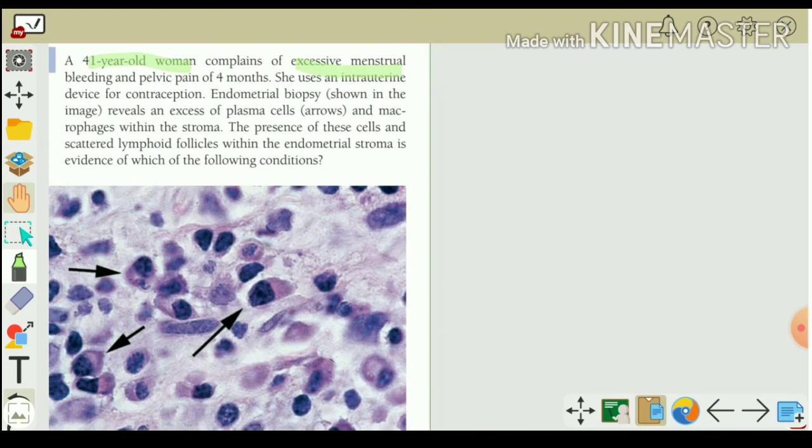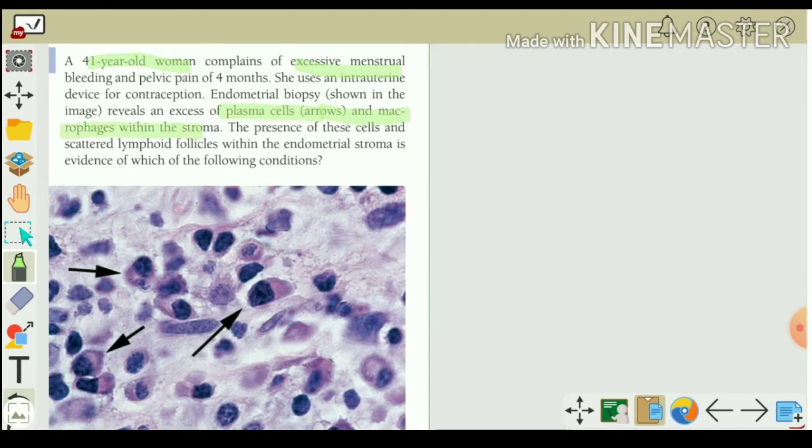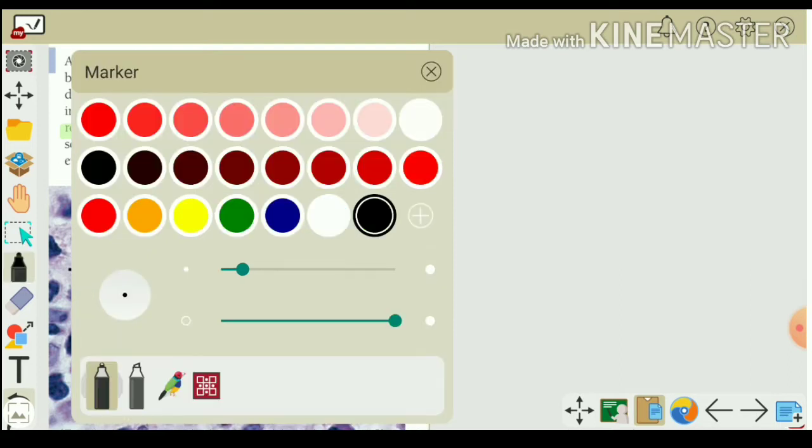They have given us this histological image, and they are asking in which type of inflammatory process these cells are present. They already mentioned the cells present: plasma cells and macrophages within the stroma. So we know that there are two main types of inflammatory processes.